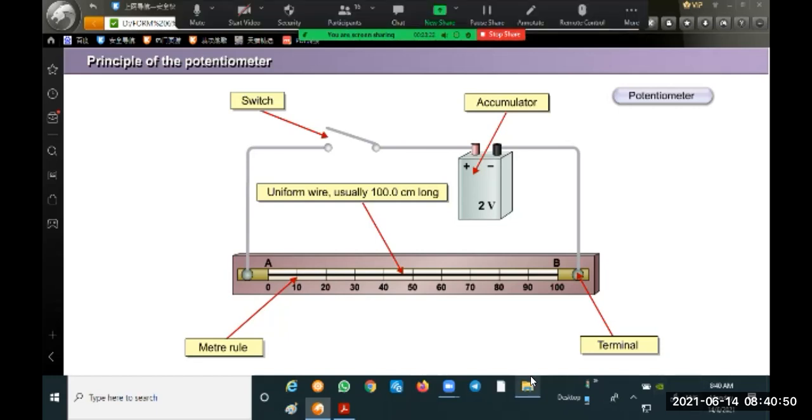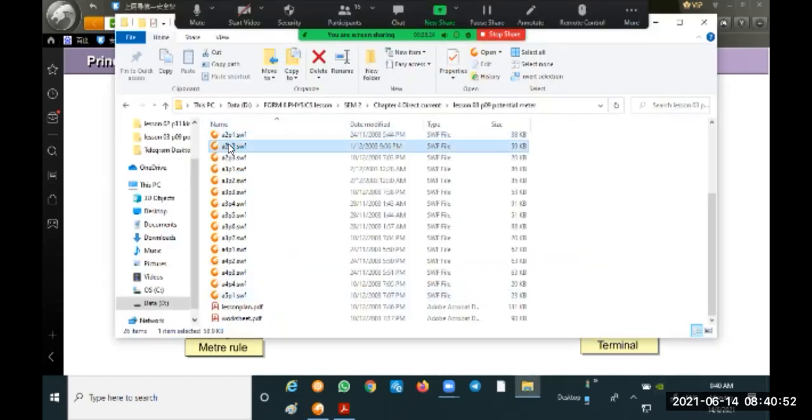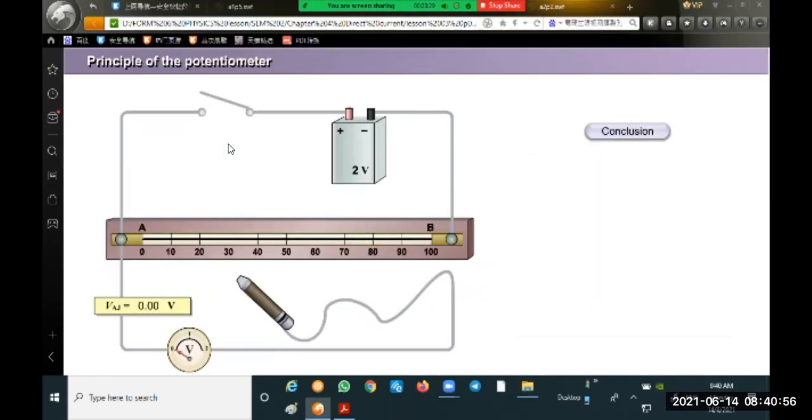Now we look at the next slide. The slide shows that now the current is flowing. If we connect, the current flows through the wire.